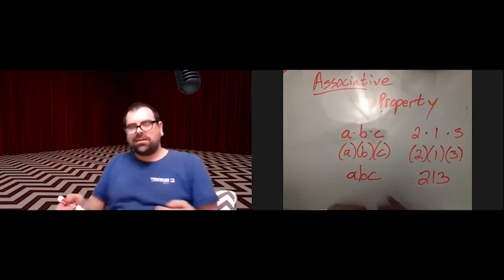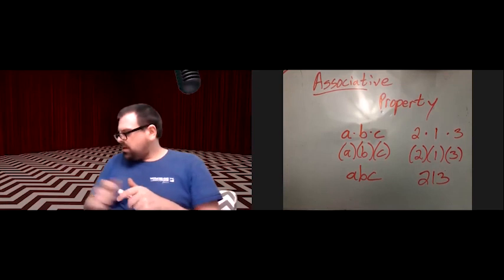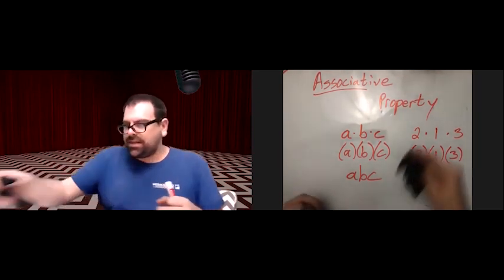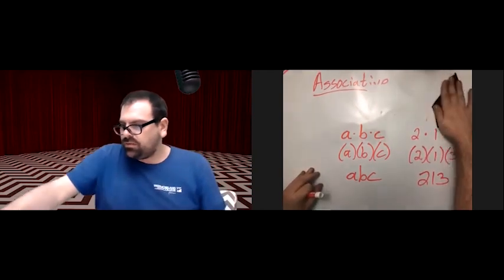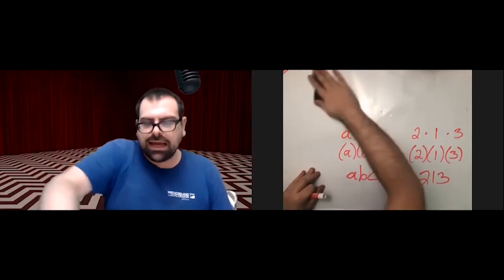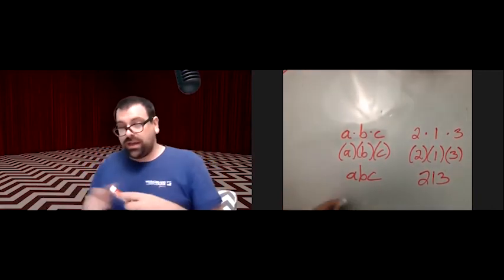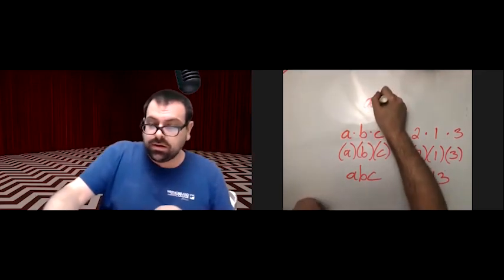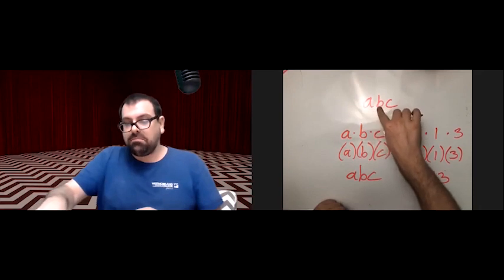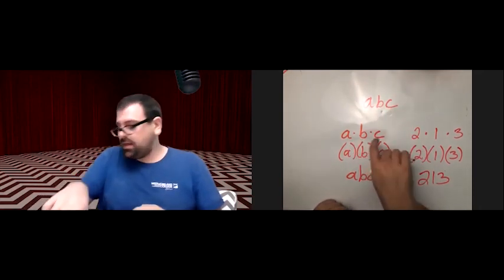And it's a lot easier to write nothing than it is to write something. And although the common mindset is that algebra is around to make things difficult, that's a lie. Algebra is around to make things easier, and the easiest thing we can do then is to write A, B, C when we mean A times B times C.